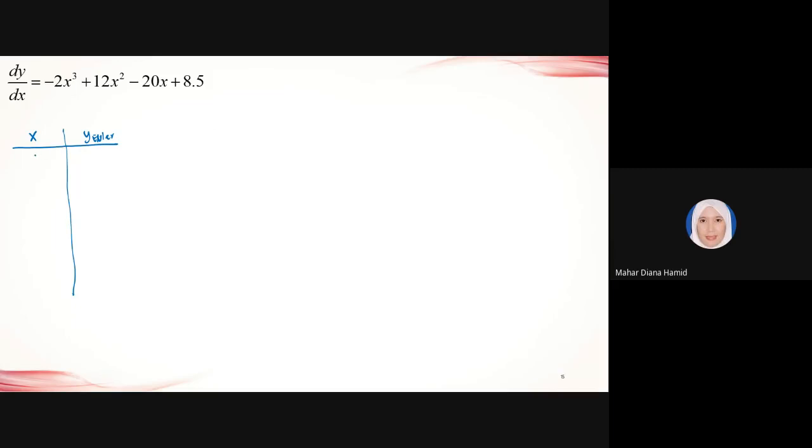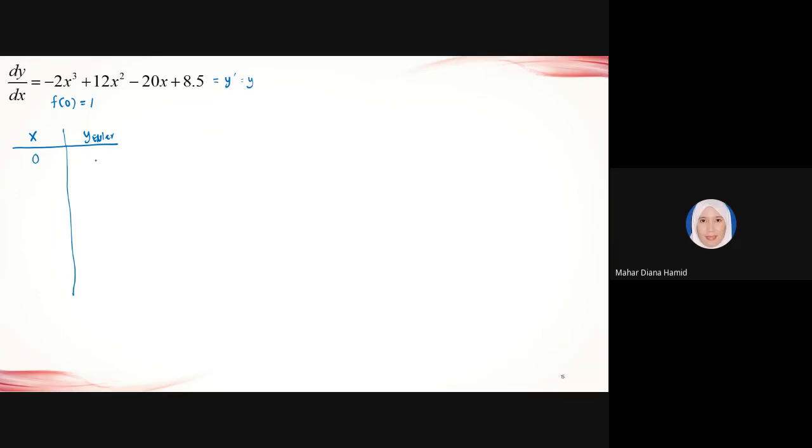First it says that at x equals 0, the value of y is actually 1. So we are going to assume that this function here is y. So this is actually y prime. However, we are going to assume that this is y.